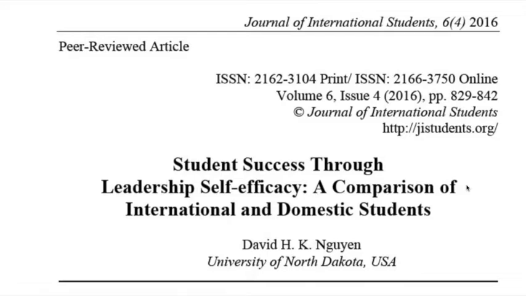What do I need to look at next? The second thing is who has actually written this. Here it says David H.K. Gwen, University of North Dakota, USA. Most of the time, to understand the credibility of a paper, you need to go through its writer.